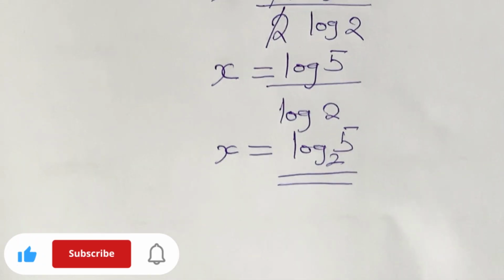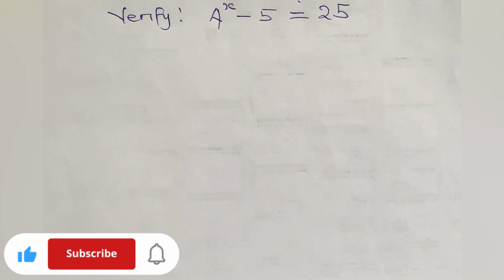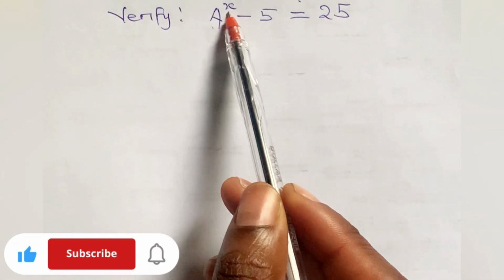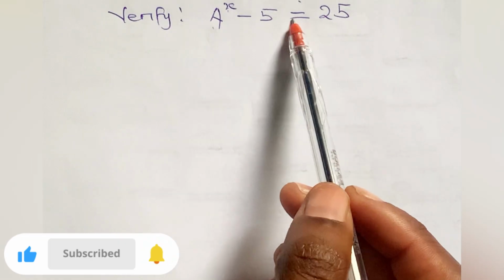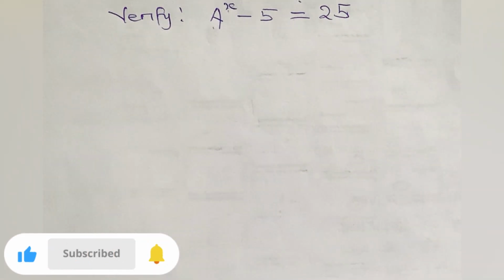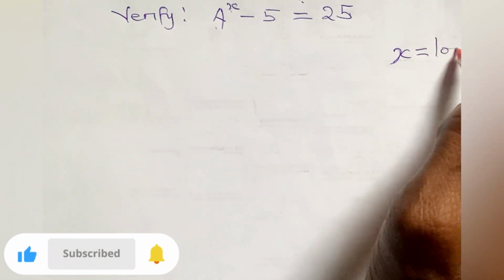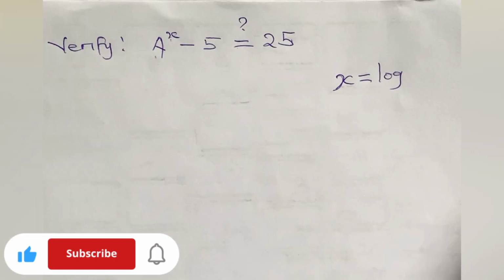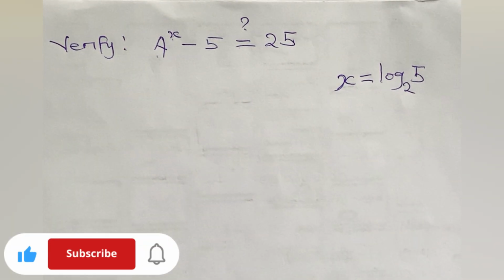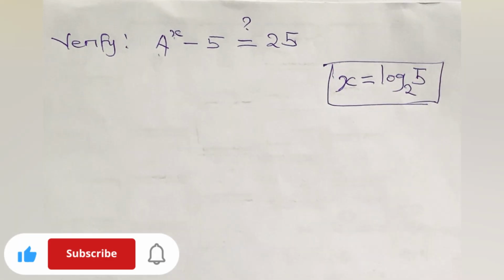All right, so let's verify this equation. To verify, we have our initial question as 4 to the power of x minus 5 is equal to 20. We're trying to verify whether our answer, x equal to log 5 base 2, is a value of x in this equation.